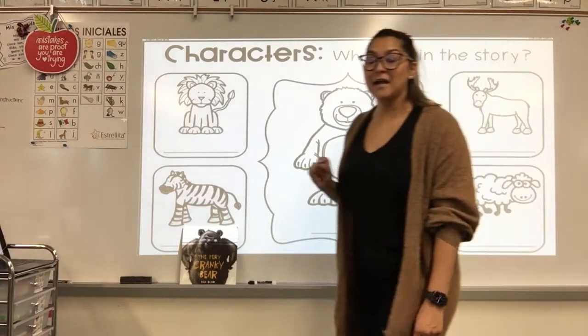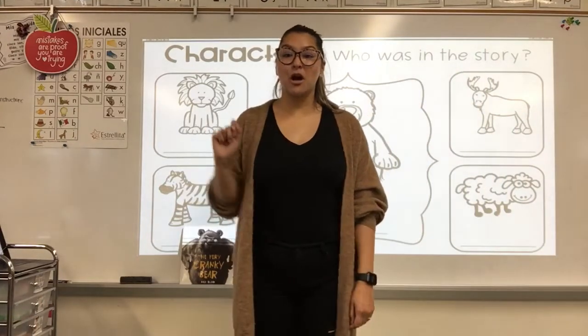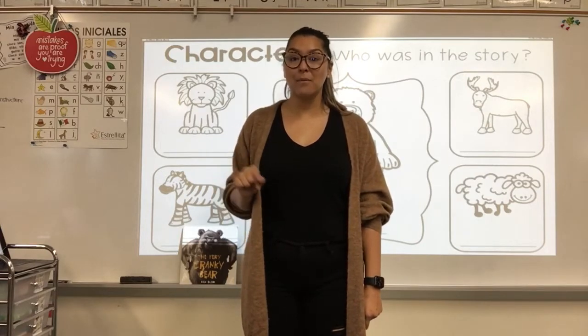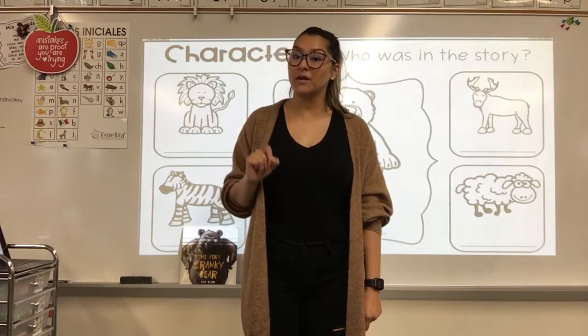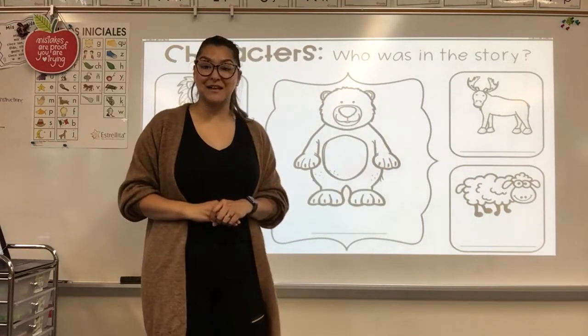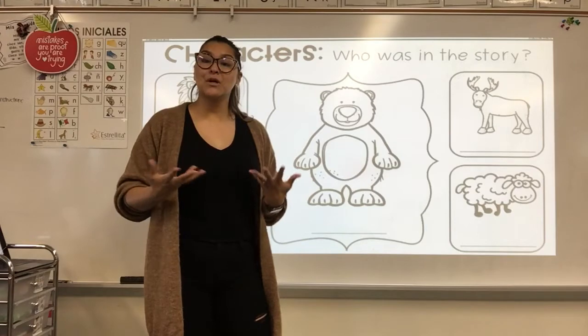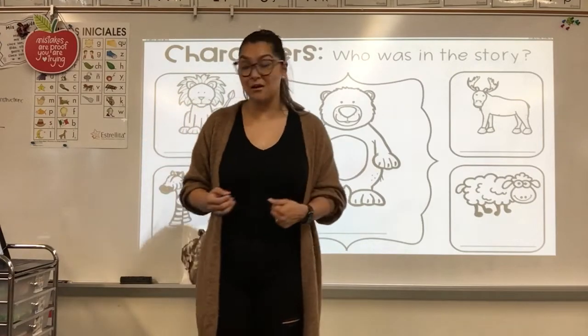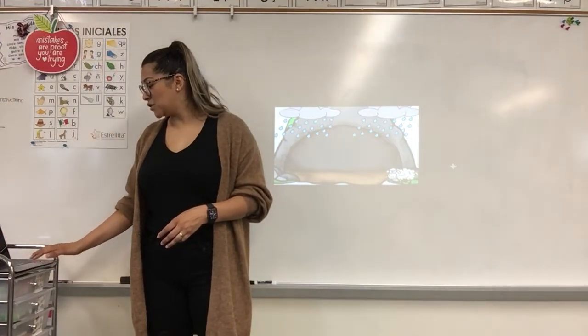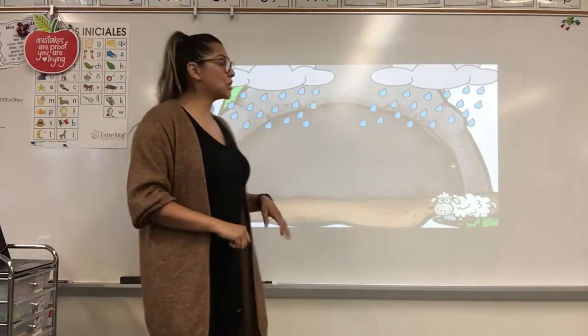So I am asking you guys today to draw a picture, a representation of the setting of this story. And remember, the setting is where the story takes place. Be sure to include some of the animals in your setting so that we can know what story you are trying to retell, okay?